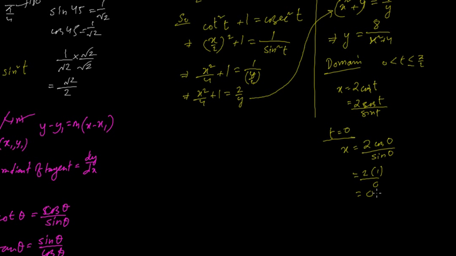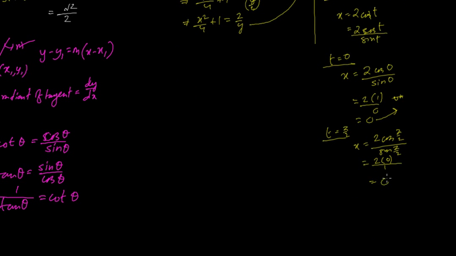Actually this particular value, nothing can be divided by 0. This is undefined or cannot be determined. So this is one value. If you put t equals pi by 2, x equals 2 cos pi by 2 divided by sine pi by 2, so this is going to be 2 cos 90 degrees 0, sine 90 degrees 1.